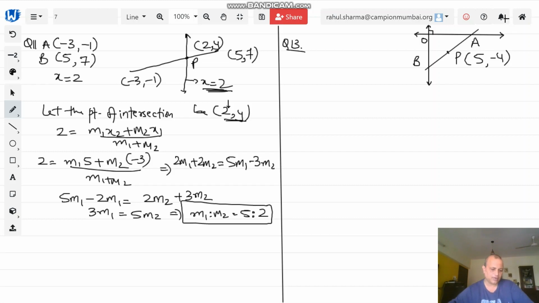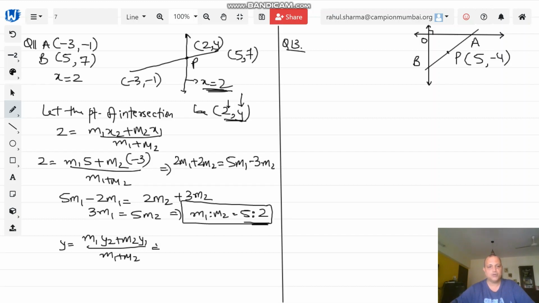Now they want me to calculate the coordinates of this point. The ratio is given. So I need to calculate the coordinate of y. So y will be equal to (m1y2 plus m2y1) upon (m1 plus m2).